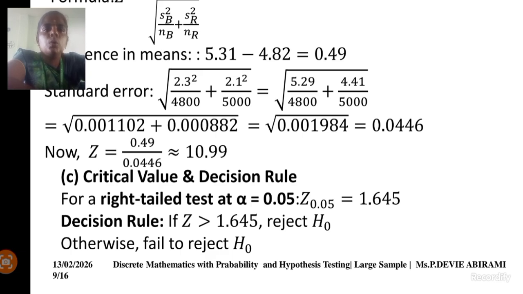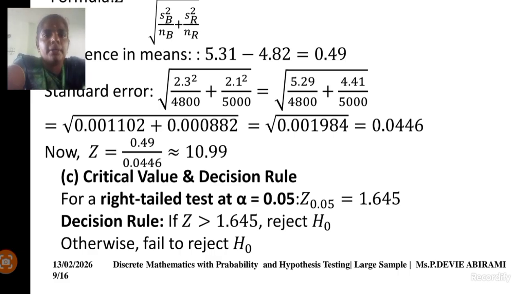While comparing those two values, the table value is much smaller than the calculated value. If the calculated value is greater, we assume that the alternate hypothesis is accepted. If the alternate hypothesis is accepted, we can conclude that the null hypothesis is rejected.